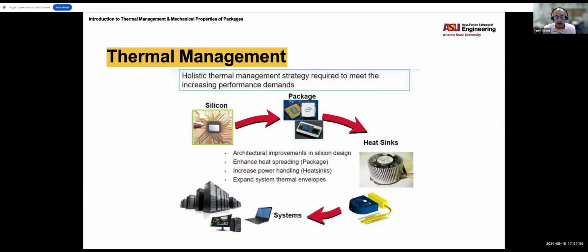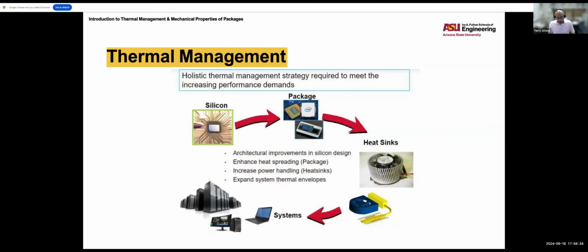So today, we're looking at a more holistic approach to thermal management, meaning we are going to design thermal management not just at the package level. We're going to make sure that thermal management is part of the circuit design, part of the package design, and then part of the cooling design.